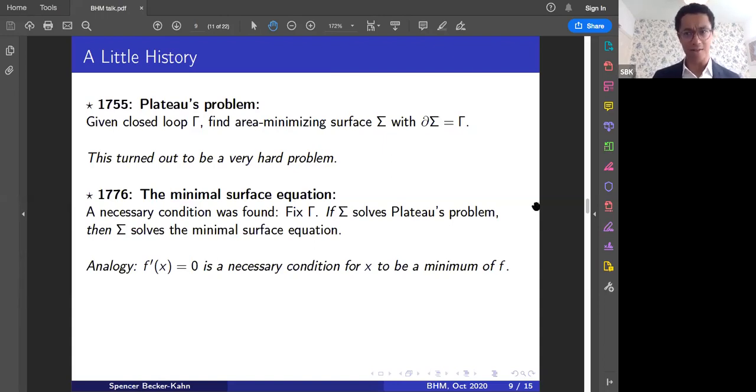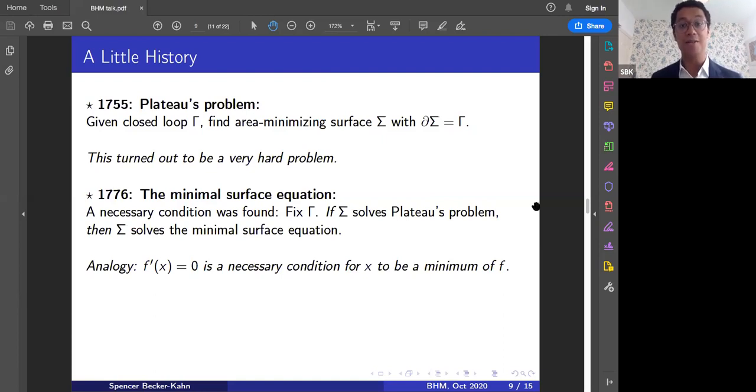The implication doesn't actually go the other way when you talk about the minimal surface equation by itself. The minimal surface equation doesn't mention the boundary curve. And I'll explain a little bit about what the minimal surface equation is actually like in a couple of slides' time. But the analogy to bear in mind, which is just straight out of basic calculus, is this one.